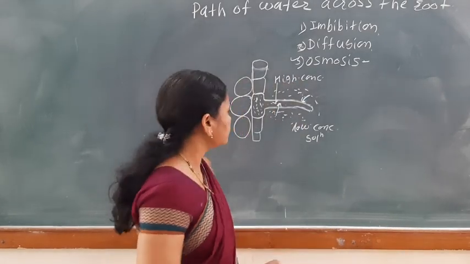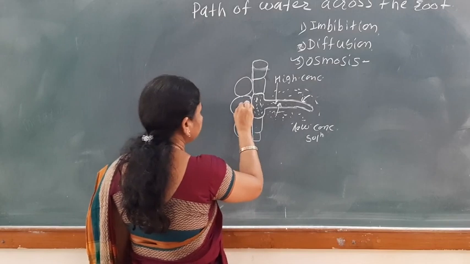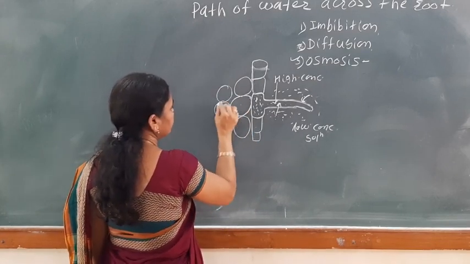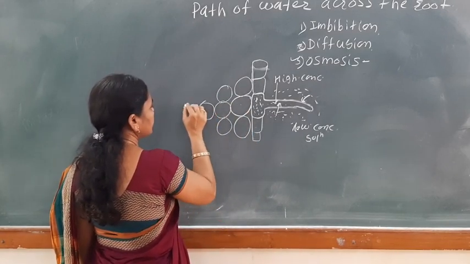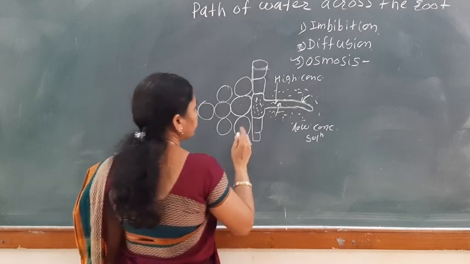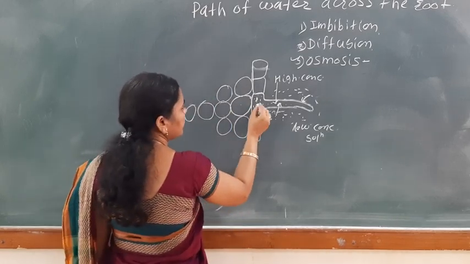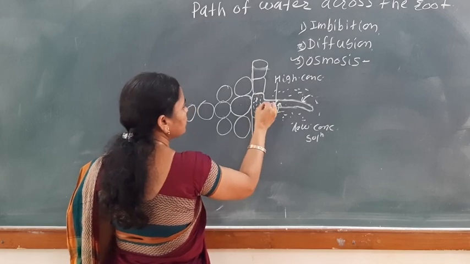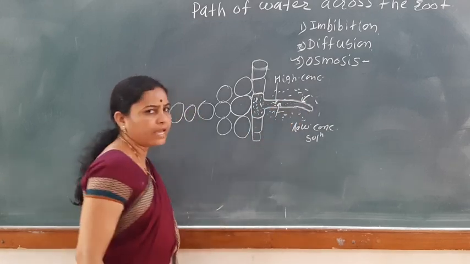As compared to the cortical cell, the concentration of this cell sap is low.